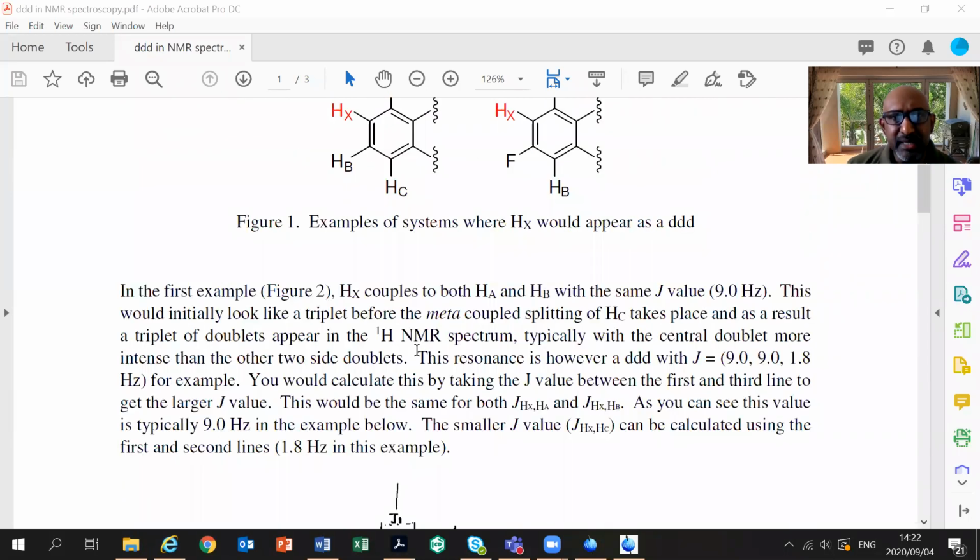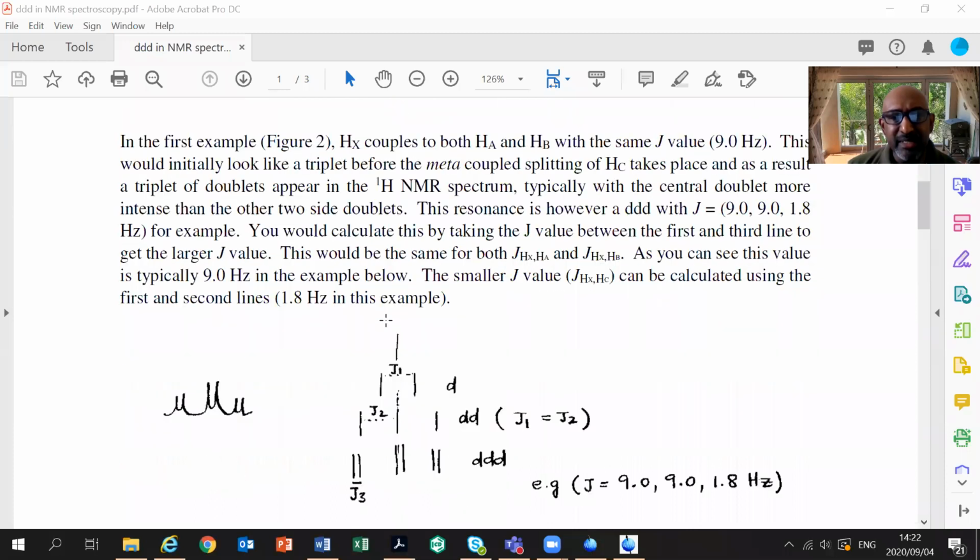And if the HB also splits the HX with 9 Hertz, can you see now if I have this line split by 9 Hertz and this line split by 9 Hertz, the line to the right of this peak and the line to the left of this peak will coincide in this particular region. So I'm not getting a double doublet as I should be getting. I'm getting what we call a pseudo triplet.